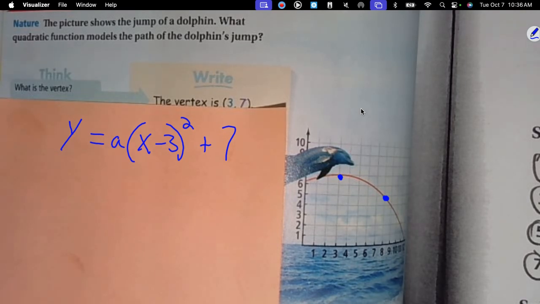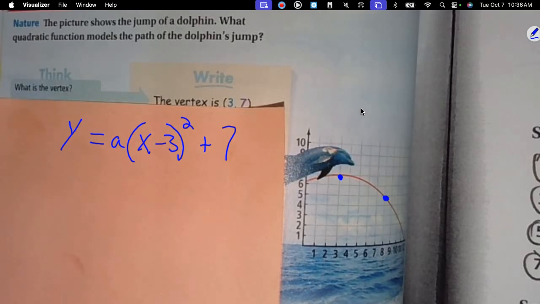I can show you that one day. The way you would do this, you plug in an ordered pair. I picked 8, 5, right? So 8 would be my x value. If I go over 8 and up 5, 5 would be my y value. And then what am I left to find? That number right there. Does everybody understand that? So that's how you find it.